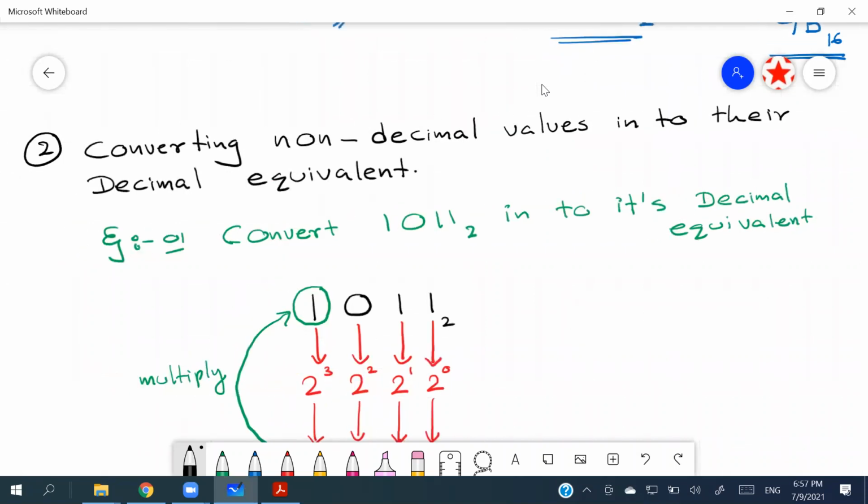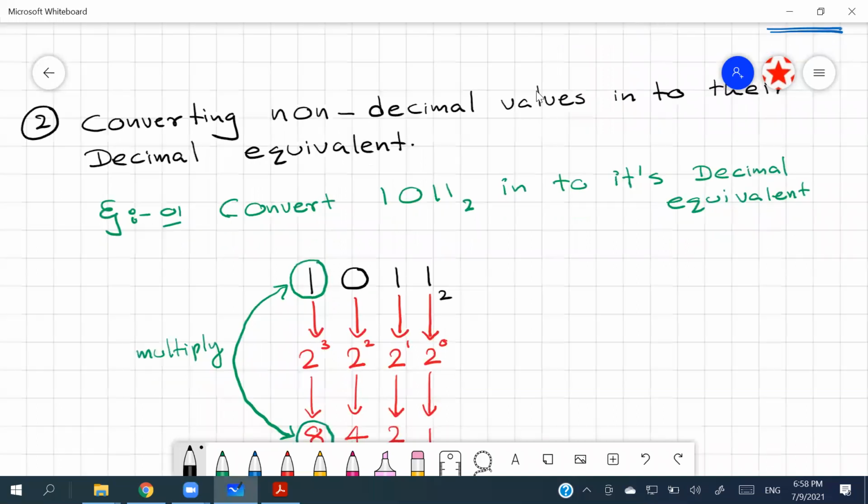So this is the second conversion. Okay, 3 are done. All right, I'm scrolling the screen.